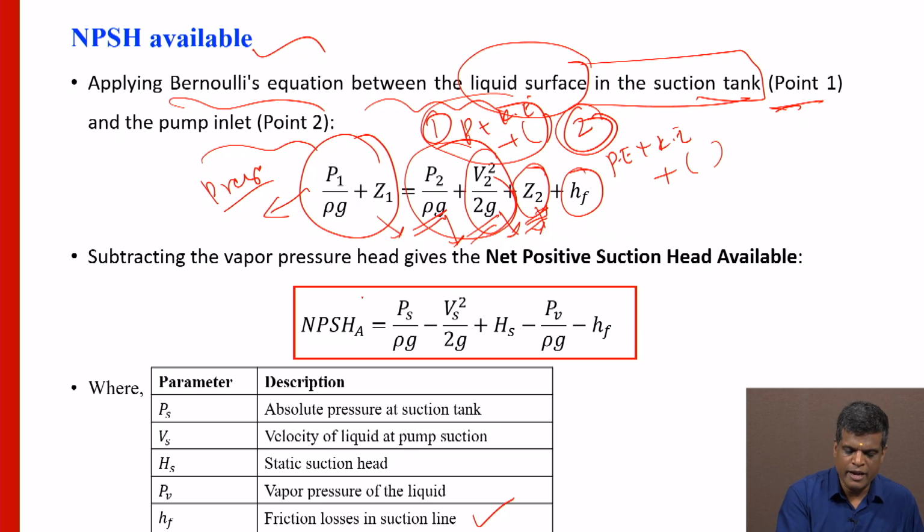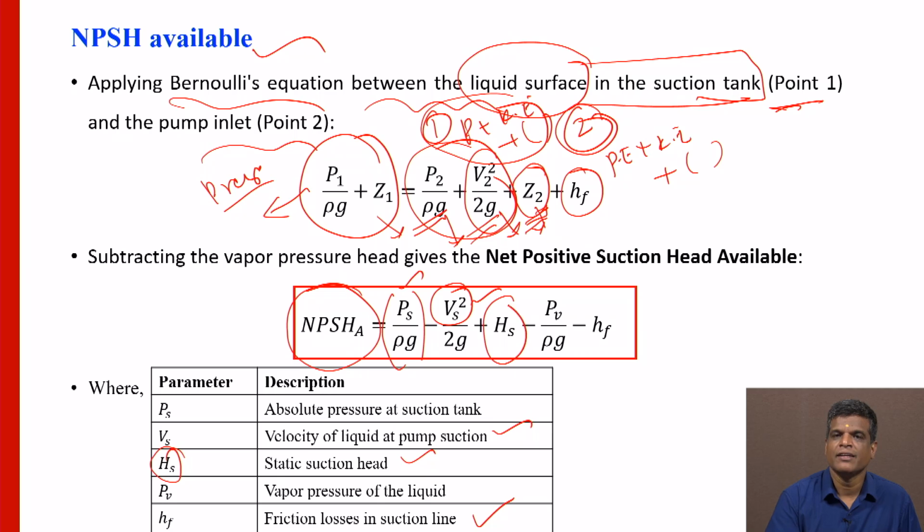So finally, the NPSHA, the net positive suction head available: the pressure PS is the absolute pressure at the suction tank. Then Vs is the velocity of liquid at the pump suction. Hs is the static suction head. Then PV is the vapor pressure of the liquid.